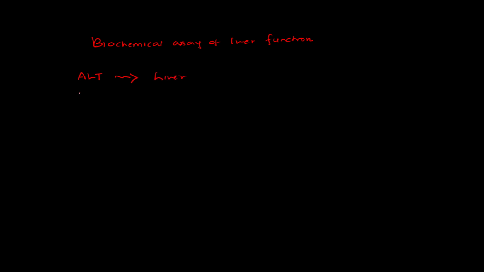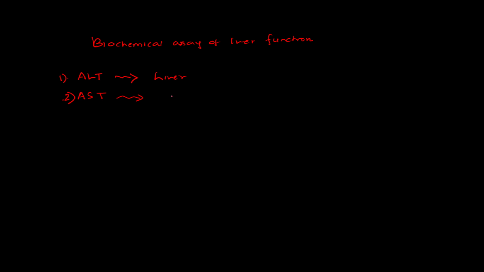Along with this, there is another enzyme which we look for. It is called AST. AST is again found within the mitochondria. It is found in the liver as well, but once it comes to biochemical testing, we ask for both ALT and AST together.